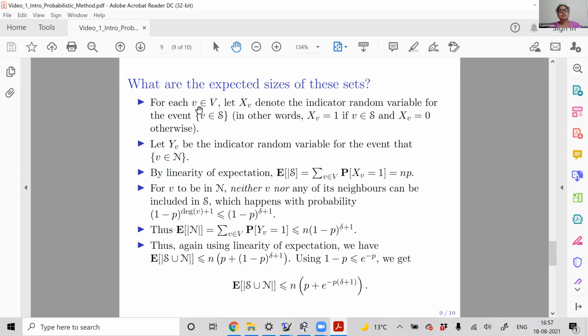In the next slide, for each vertex small v in capital V, let x sub v denote the indicator random variable for the event that v belongs to script S. What does indicator random variable mean?